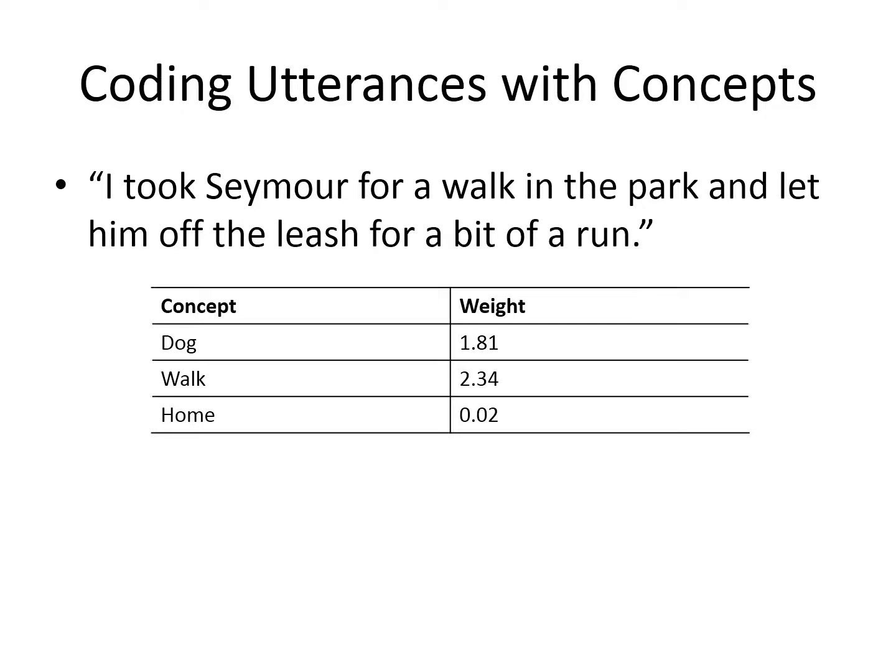And walk as a concept is implied because the term walk is there, which would be quite strong evidence, I would imagine, for the concept walk. And some of the other words there might also be evidence for that as well.